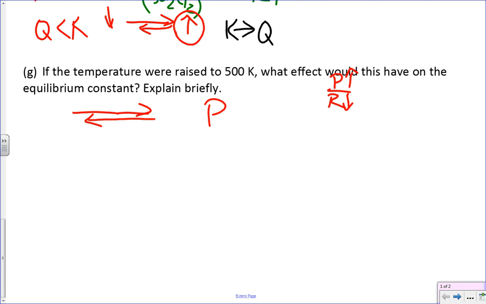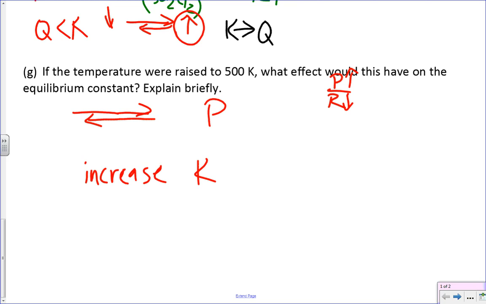So that's the sequence of events you need to understand here to answer this question. If you break it down, since the forward reaction is the endothermic reaction, increasing temperature is going to favor the production of products at equilibrium, and therefore K is going to increase. Remember, temperature is the only thing that we looked at that is going to have an effect on the actual value of K. So in this particular case, we know the forward reaction is endothermic.